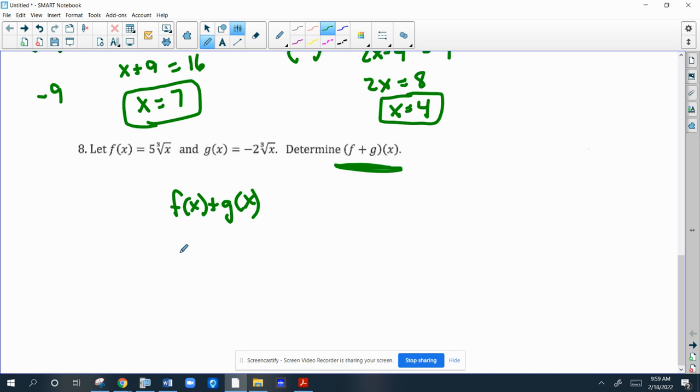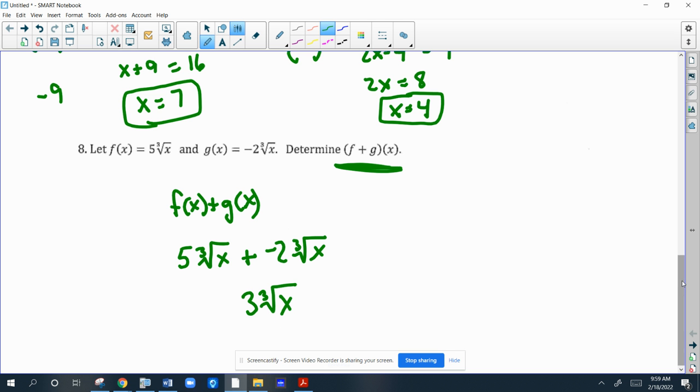So f is 5 times the cube root of x. And g is negative 2 times the cube root of x. Now those are like terms. Since you're adding something times the cube root of x to something else times the cube root of x, you just add the coefficients. So our coefficients are 5 and negative 2. So we can just do 5 plus a negative 2, which is 3. And since they're like terms, just keep the cube root of x.